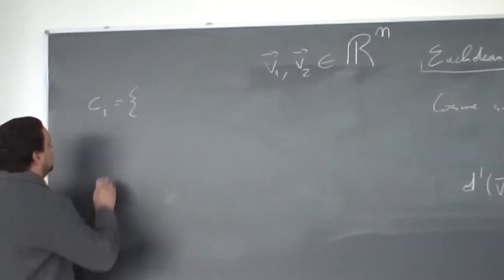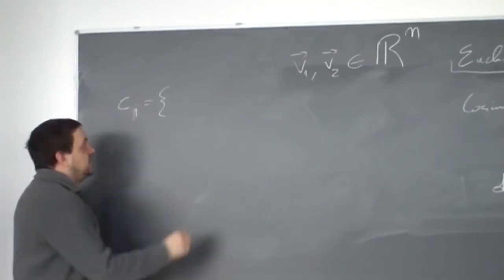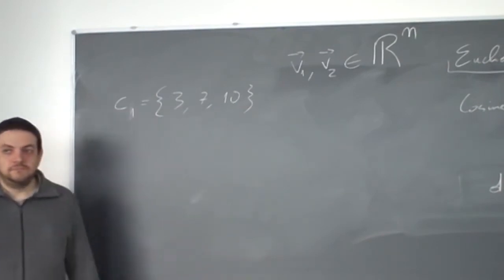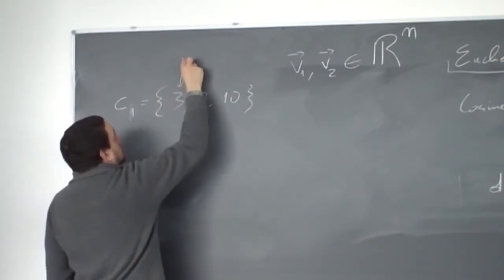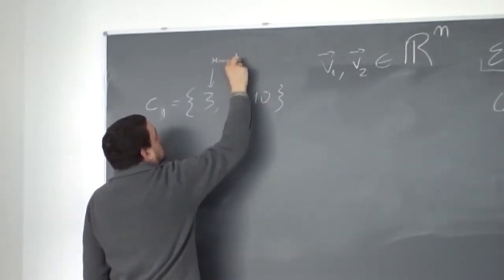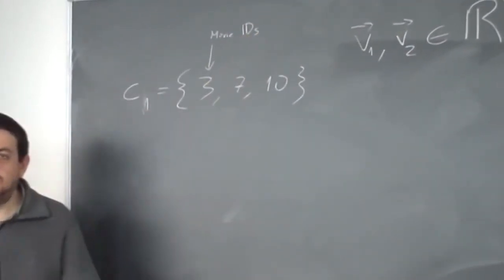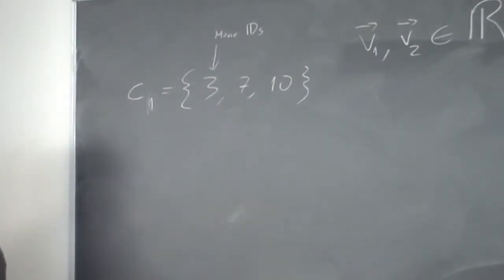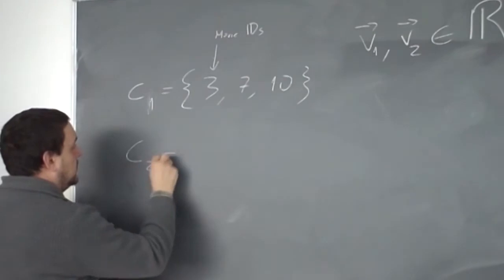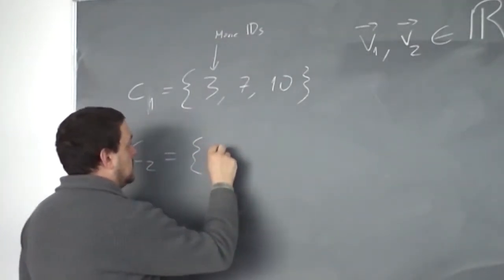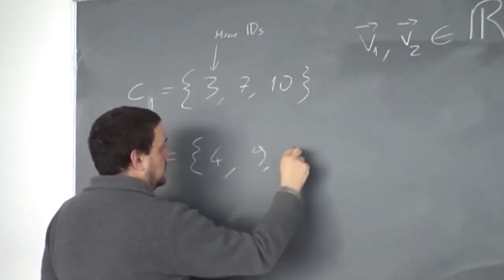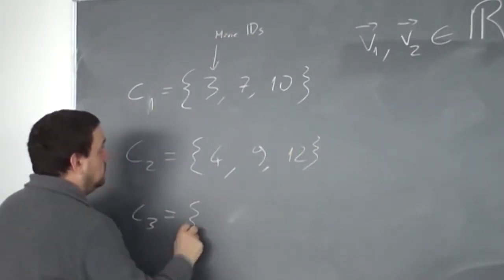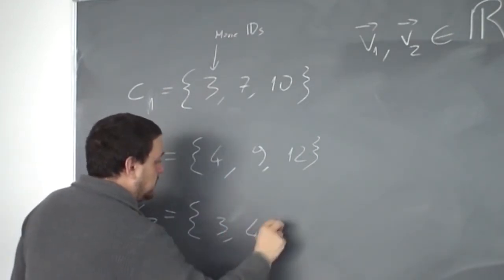For example, customer 1 purchased movies 3, 7, and 10. Okay, these are movie IDs. Suppose that everything can be identified by a number. While customer 2 purchased movies 4, 9, and 12. Customer 3, okay, 3, 4, and 5.